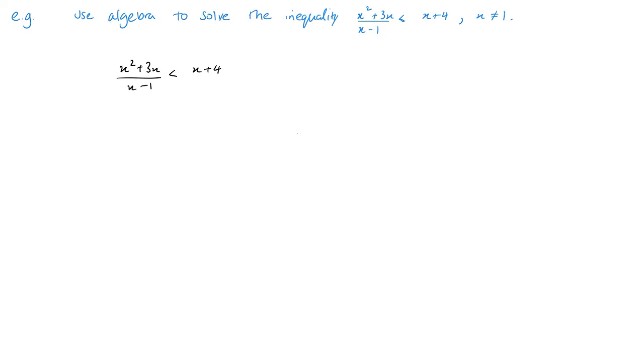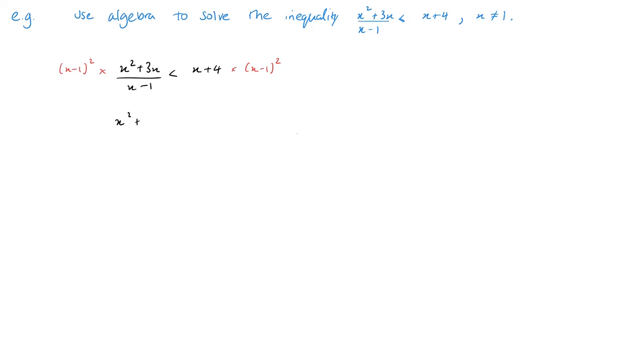So I am going to multiply both sides by x minus 1 squared. Okay, obviously what I've written in red you wouldn't need to do in the exam, you can jump to the next stage.